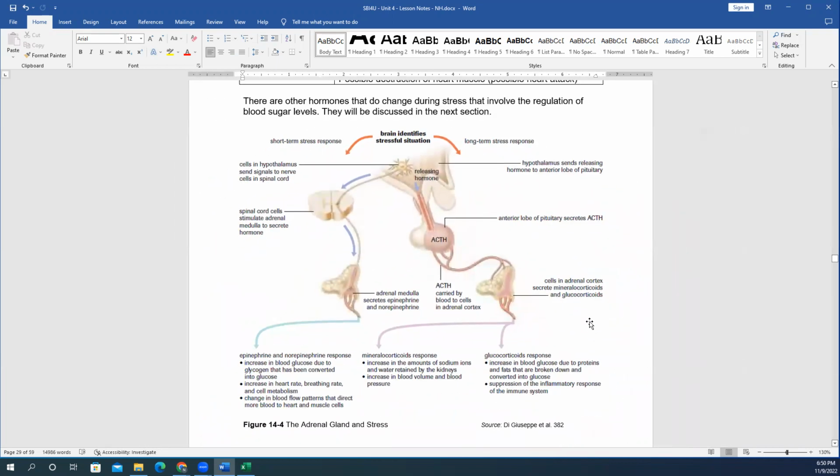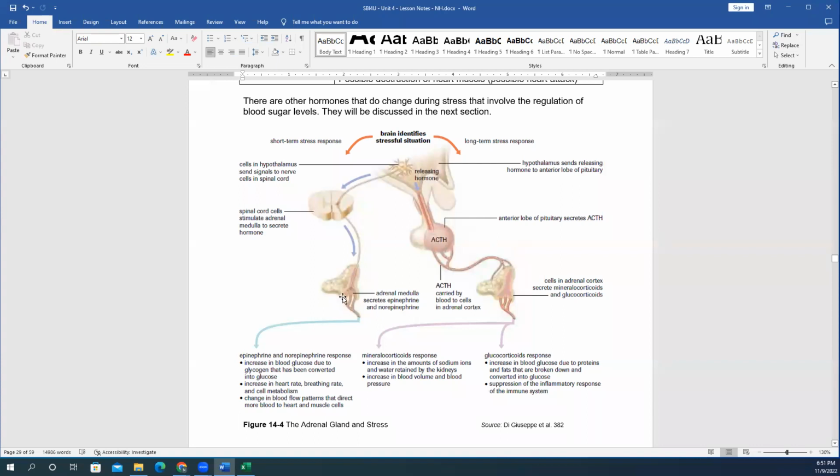So here in this diagram, again, we've summarized the involvement of the adrenal gland and how it responds to a stressful situation, as identified by your brain, be it a short-term stress or a long-term stress. In short-term stress, you have the cells within the hypothalamus sending signals to nerve cells in the spinal cord, and then these spinal cord cells stimulate the cells in the adrenal medulla to secrete hormones.